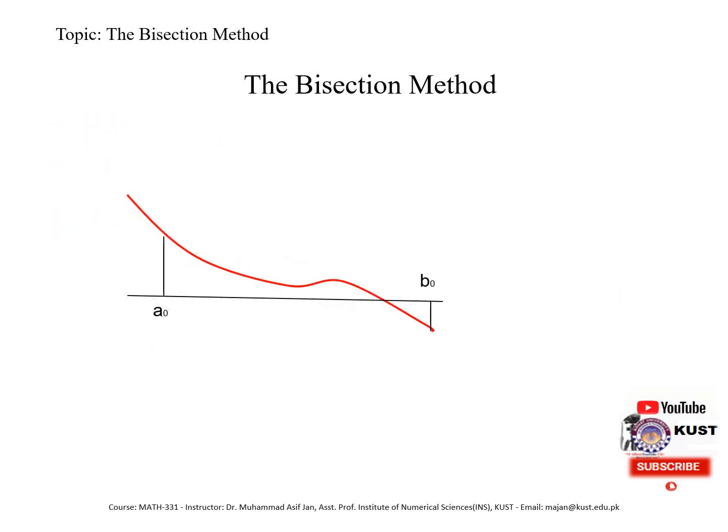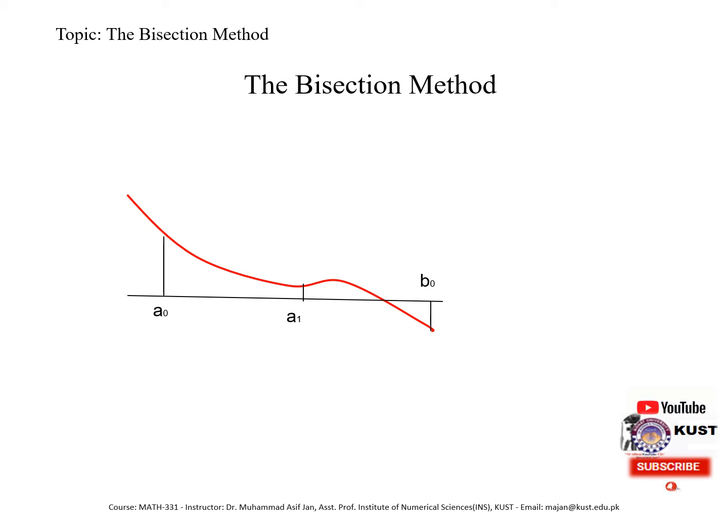Next, we see graphically how the bisection method goes on. If you look at this figure, the function is continuous over the initial interval A0, B0, and the function values at A0 and B0 are opposite in sign. So we can find the midpoint A1 of the initial interval A0, B0. Again, the function is continuous in the interval A1, B0, and the function values at A1 and B0 are opposite in sign.